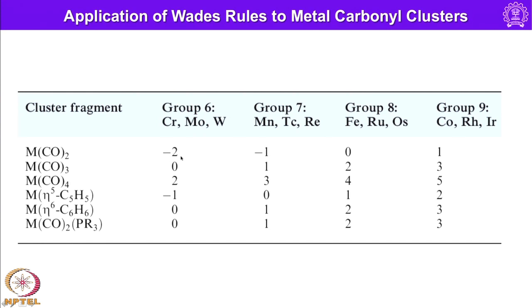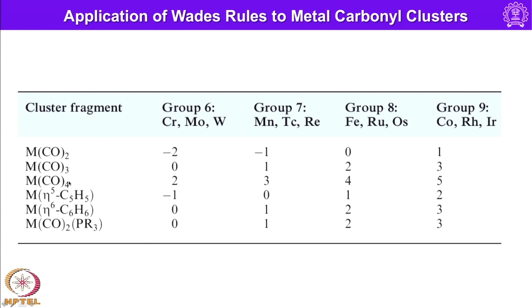That means you have to deduct that many electrons, and group 7 minus 1 electron, or group 8 iron, ruthenium, osmium 0 electron, and group 9 cobalt, rhodium, iridium 1 electron comes. For M(CO)3, 0 contribution from group 6 and 1 contribution from group 7, and 2 electrons should be considered from group 8 and 3 from group 9.